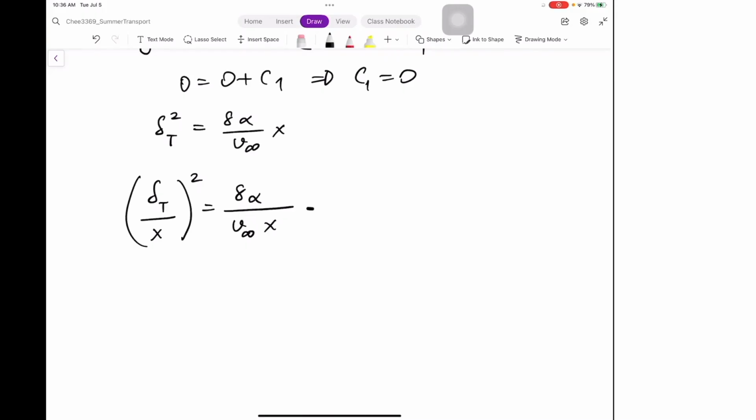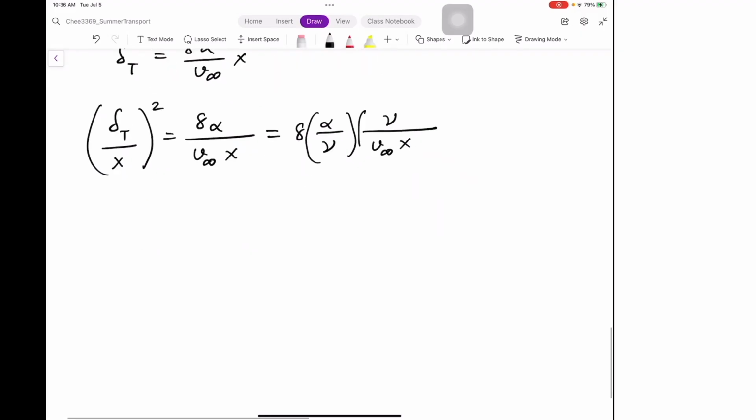So you can do the trick that we did before: you divide by nu and multiply by nu. This term becomes exactly 1 over Reynolds number, and this term becomes 1 over Prandtl number.